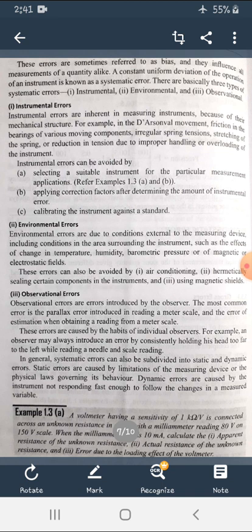And the third one is the observational error. Observational error is also one kind of human error, due to the mistake of the human, that is, how you see and observe the measurement.